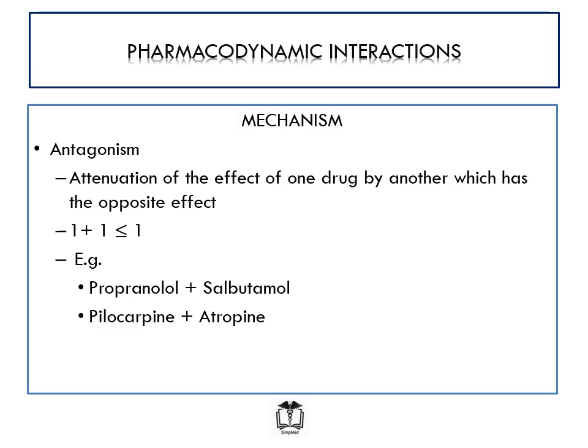Last type of outcome that we can see for pharmacodynamic interaction is antagonism. Antagonism refers to the effect that results when we use two drugs concurrently, and this effect is described by the fact that one of the drugs would have an attenuation of its effect as a result of the presence of the second drug.